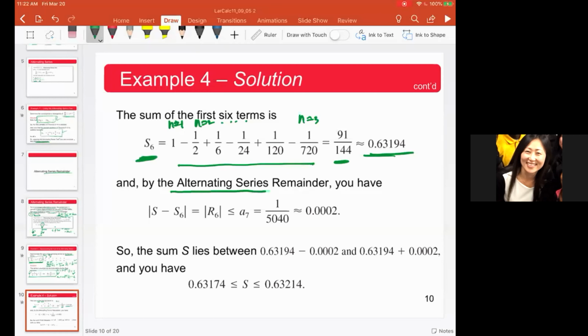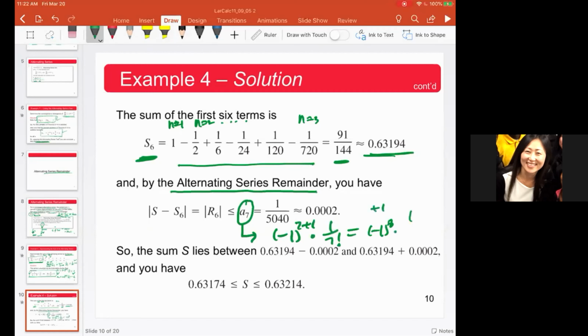All right, next one. By the alternating series remainder, I need to figure out this number, A sub 7. Not S, it's A. To figure out this number, I put it into my series, which is negative 1 to the 7 plus 1 times 1 over 7 factorial. Negative 1 to the 8 is just plus 1.